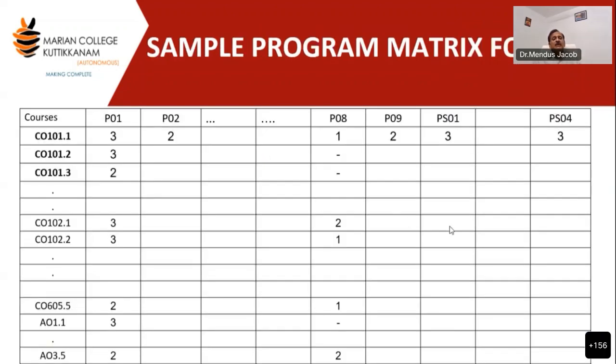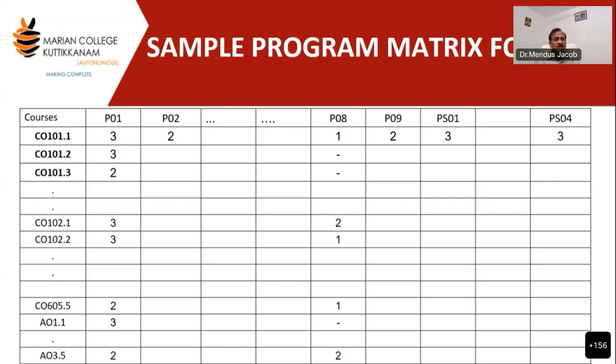Then we will get a sample program matrix, or articulation matrix, as it is also called, for OBE. That means in the first column, you can see the courses, and for each course, you have different outcomes. Suppose, for example, if it is a BCA or BCom course, you may have on average 5 to 6 courses in a semester.